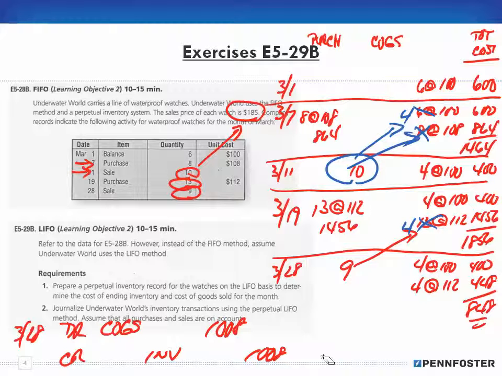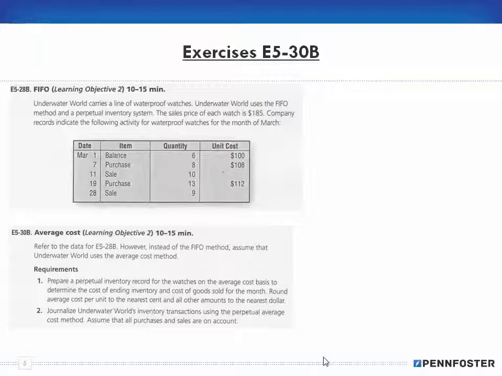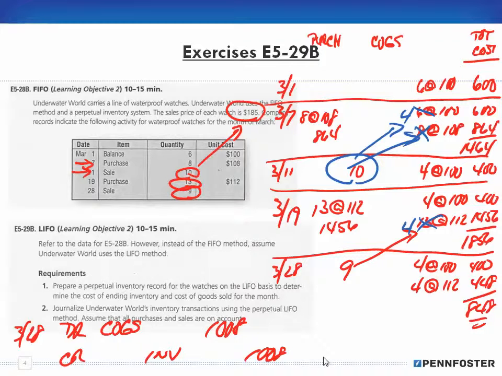And again, the next one will be on average costing. So the next problem will be on average costing. I highly recommend that you watch problem 5-28B, and then this here is the 29B, and in the next video I'm going to highly recommend that you watch that one and this one so that you understand the differences between each one.